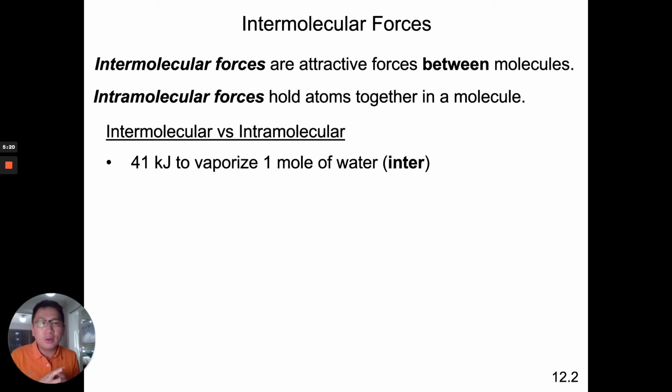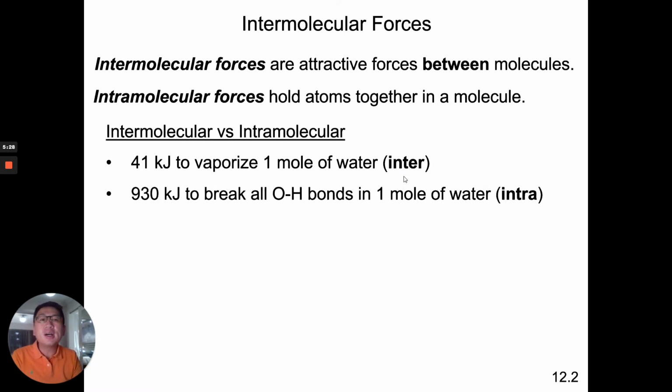In the liquid, they are much closer together. So you're breaking apart intermolecular forces. But if you're breaking apart the hydrogen-oxygen bonds in water, then it's no longer water. It's something else. That's an intramolecular force. Intramolecular forces are within the molecule, breaking apart bonds. Intermolecular forces, usually we're talking about changing states of matter: solid, liquid, gas.